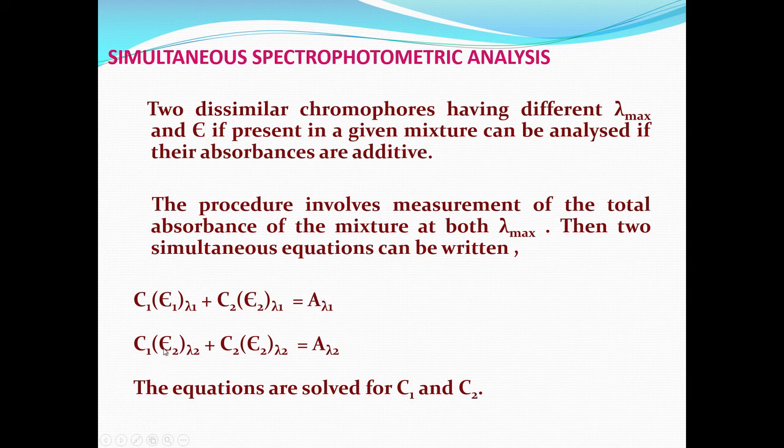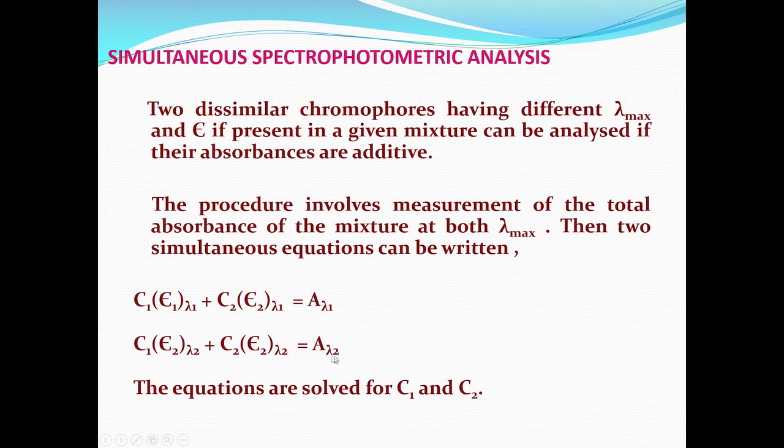Similarly, we make the measurement at the second lambda max, that is C1 epsilon 1 at lambda 2. Remember, epsilon also changes according to wavelength. So, C1 epsilon 1 at lambda 2 plus C2 epsilon 2 at lambda 2 is equal to absorbance at lambda 2.